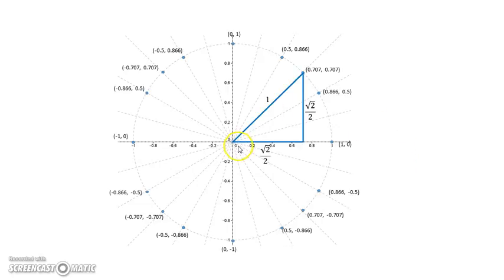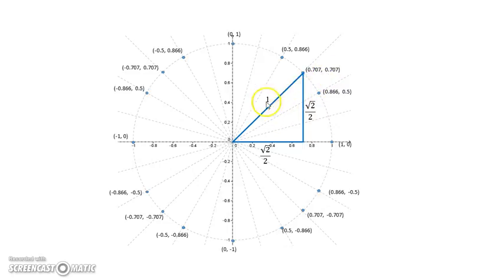If we take this triangle for an example, this is a 45-degree triangle. Since the radius is 1, the hypotenuse of the triangle is 1, so the x coordinate and y coordinate will be the same, and by Pythagoras it's root 2 on 2, or 1 on root 2, which is 0.707.